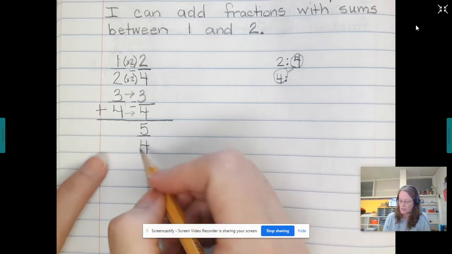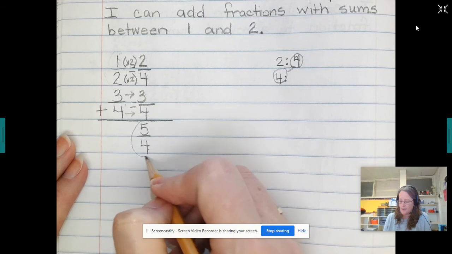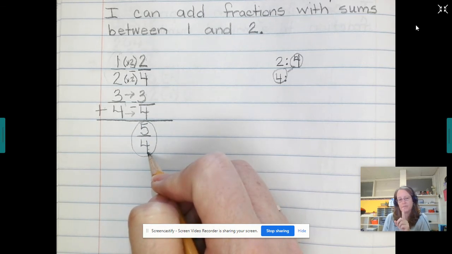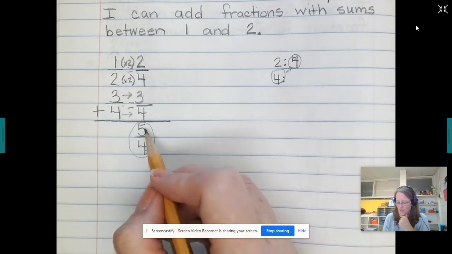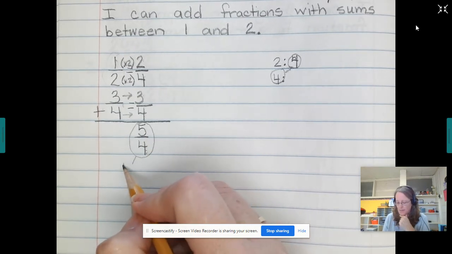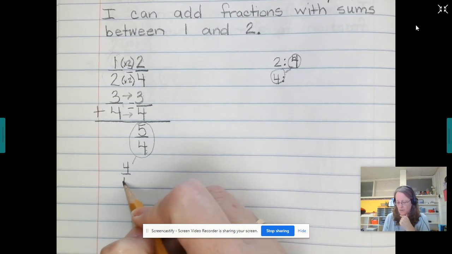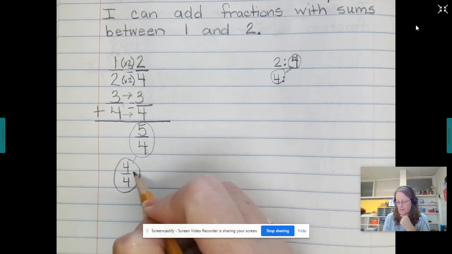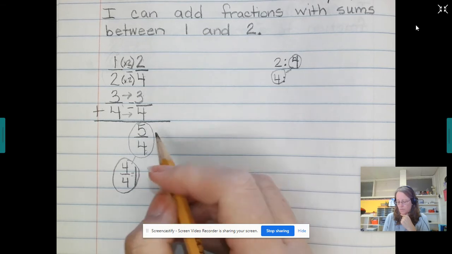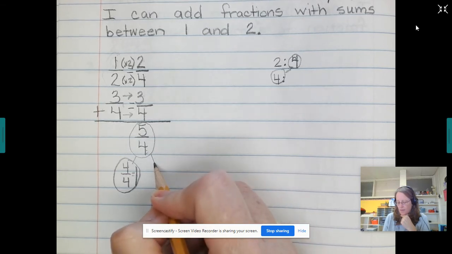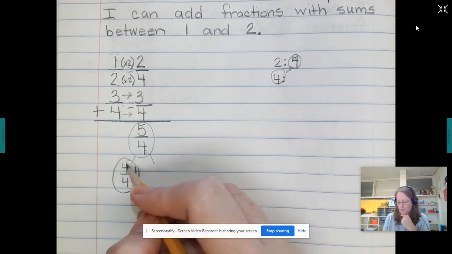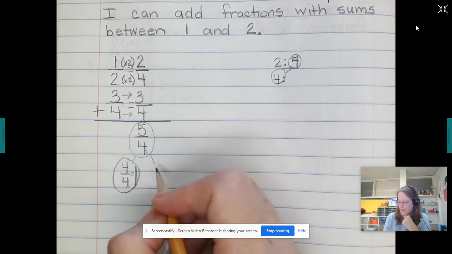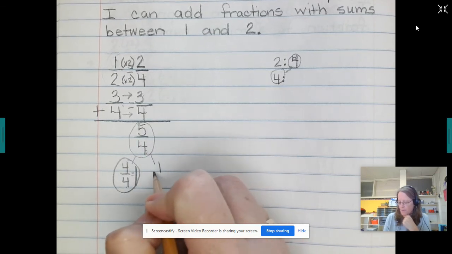Okay, so we can think about how many fourths makes 1 whole. 4/4. So let's take 4/4 out of 5/4, and that makes 1 whole. How many fourths are left? 4/4 and 1/4 makes 5/4.